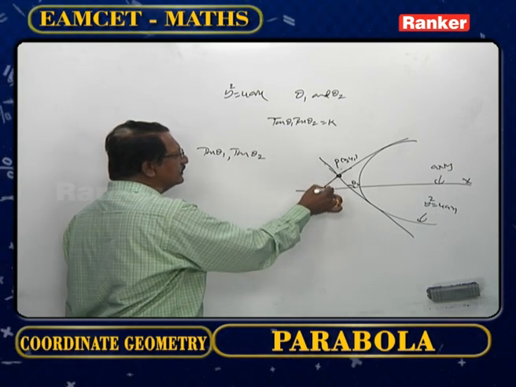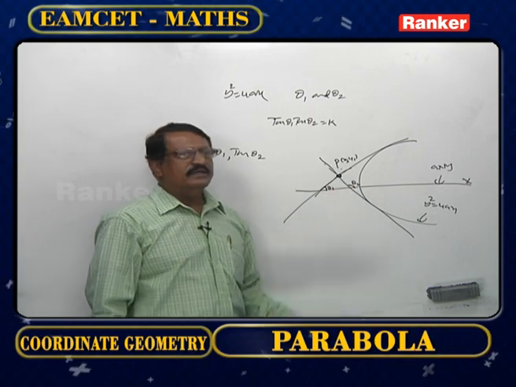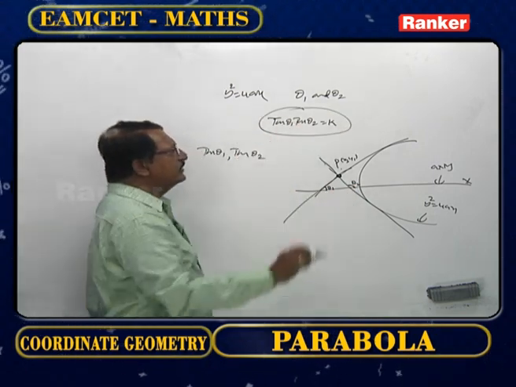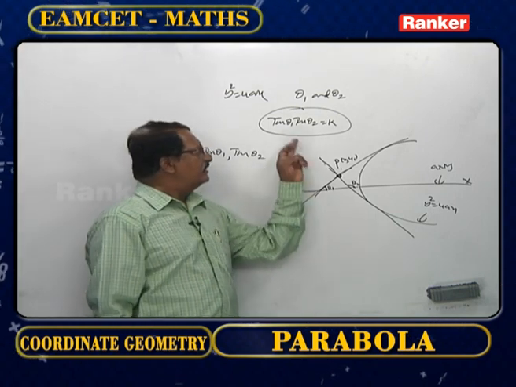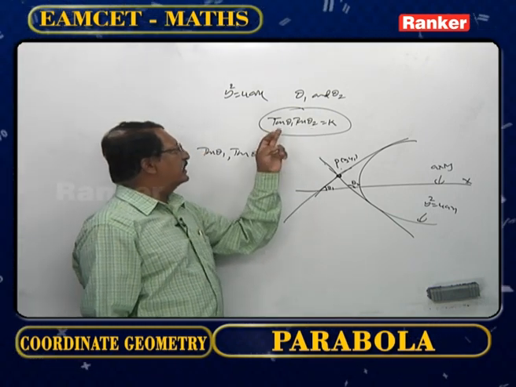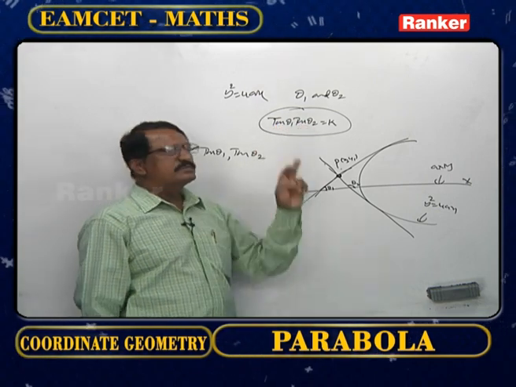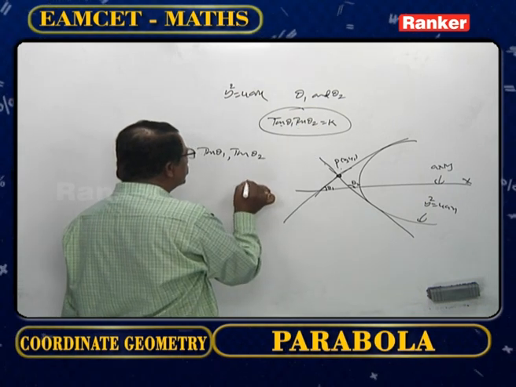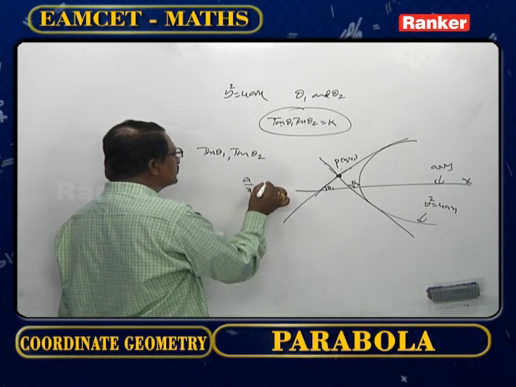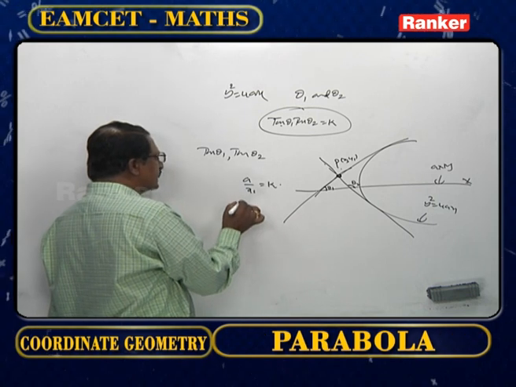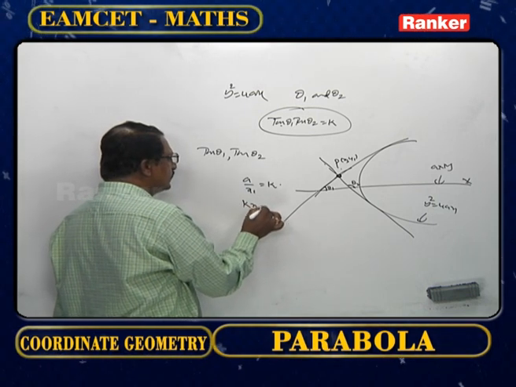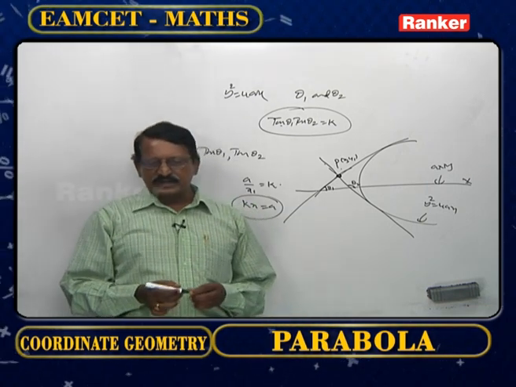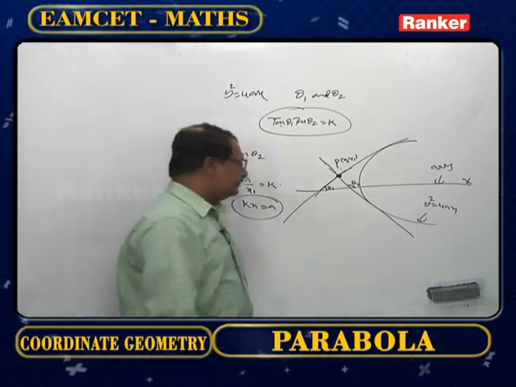Given the condition tan theta 1 into tan theta 2 equals k, the product of slopes of the tangents equals k, but the product of slopes of the tangents equals a/x1, so a/x1 = k. Then the locus of (x1, y1) is kx = a, or kx - a = 0. Second option.